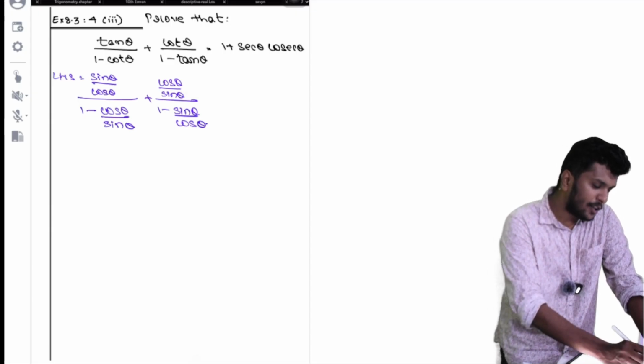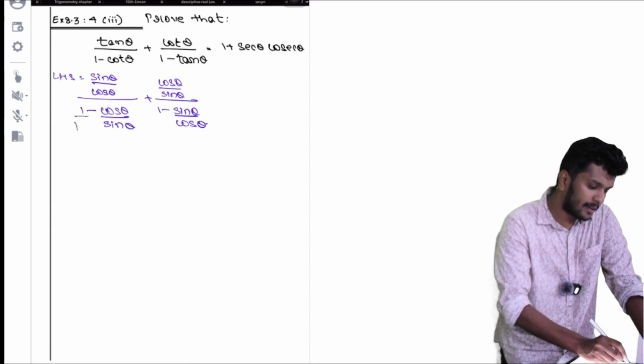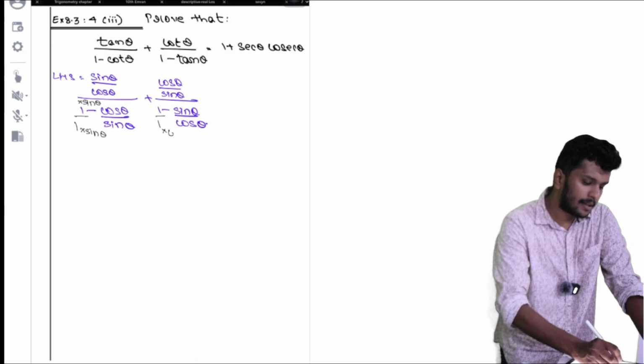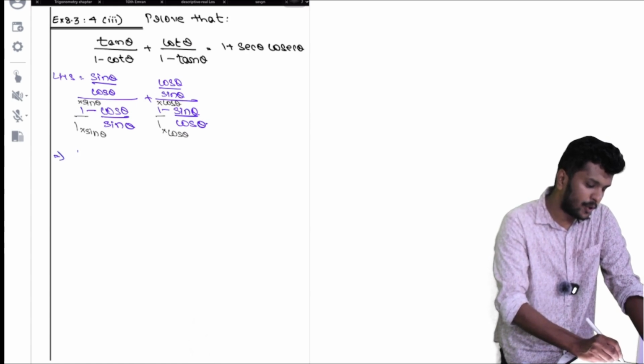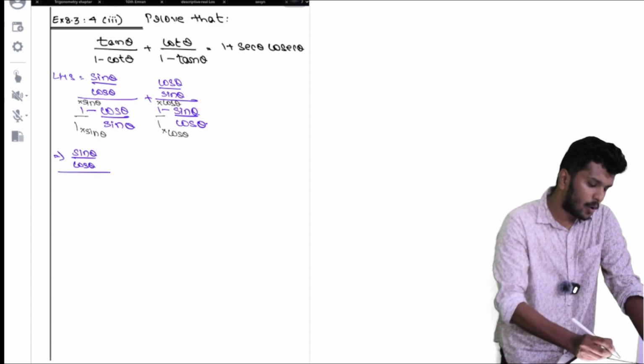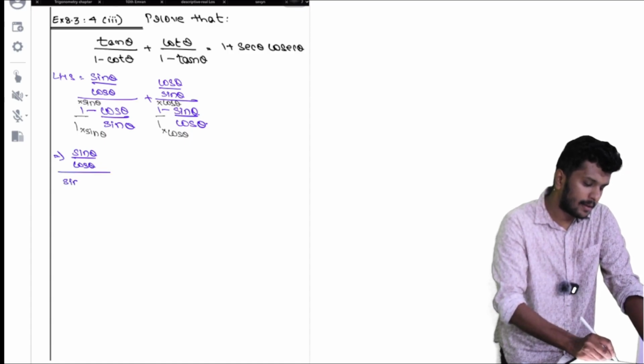Take the LCM in the denominator, 1 into sine theta into cos theta. That implies what you have: sine theta by cos theta whole divided by sine theta minus cos theta divided by sine theta.